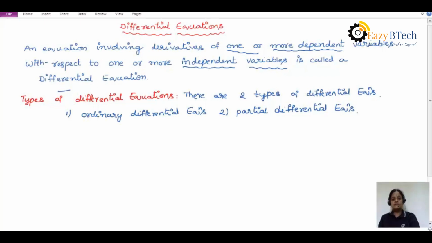So the number one is the ordinary differential equations and number two is the partial differential equations.